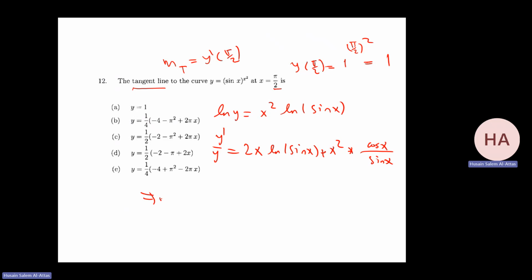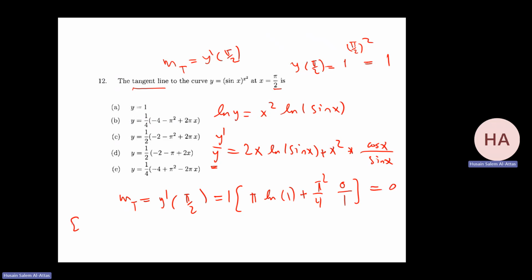So y prime at pi over 2, which is the slope of the tangent, will be equal to y, which is 1, times: here I have 2 times pi over 2, that is pi, ln sine pi over 2, which is ln 1, that will be 0, plus pi squared over 4, cosine pi over 2, which is 0, over 1. So it will be 0 plus 0, that will be 0.